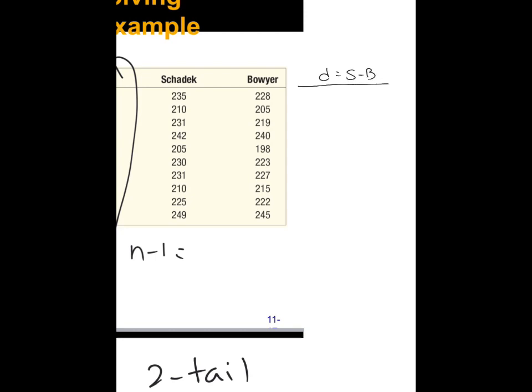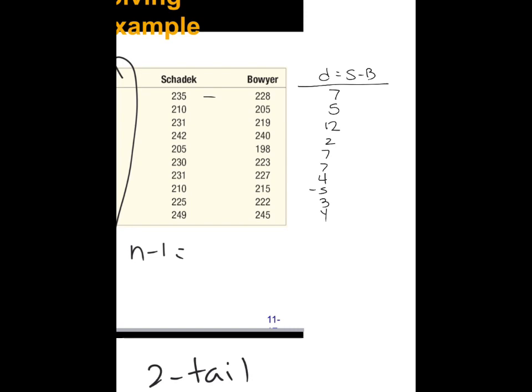The first one will be 235 minus 228. That difference is going to be 7. The second is 231 minus 219, that's 12. Then we have 2, 7, 7, 4, negative 5, 3, and 4. Okay, so there are our differences.